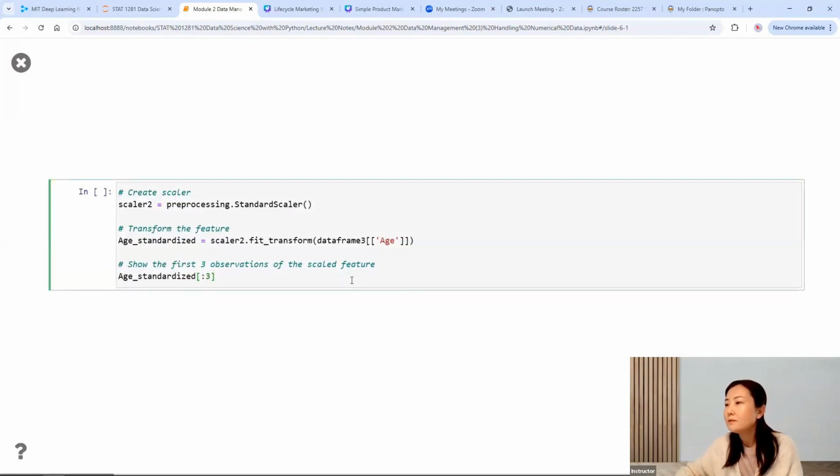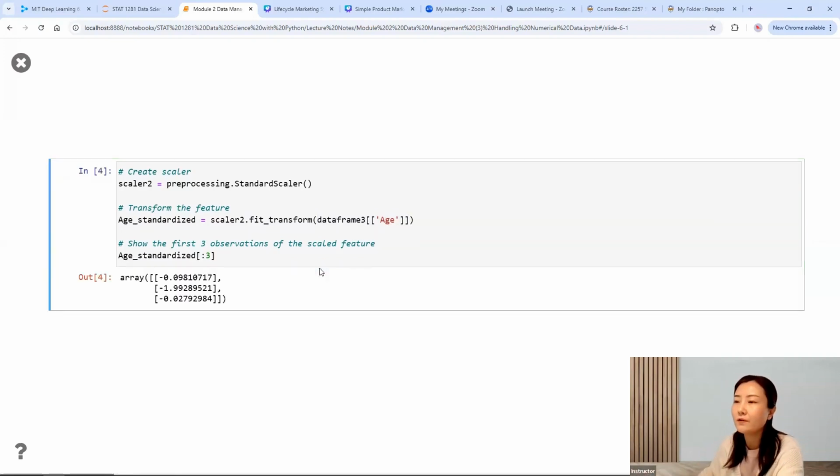So let's transform age using the standard scaler. First, let's instantiate it. I call it scaler2, and notice that we just use default parameters, call the fit transform method, and apply it on the age column. Then we pull out the first three values.